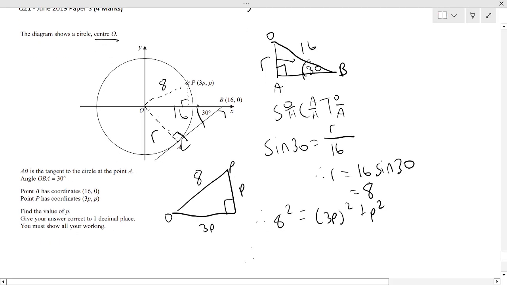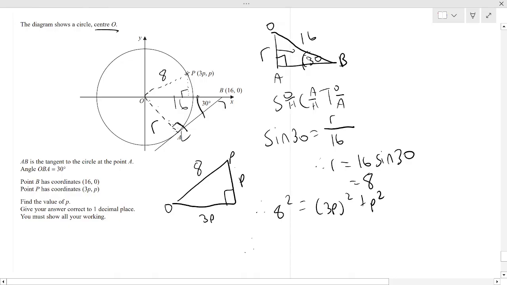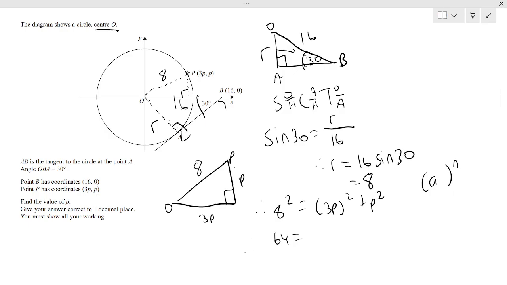And then I can simplify that. 8 squared is 64. And then 3p all squared. Remember the third law, a to the m all to the n: you multiply the powers, right? A to the mn.